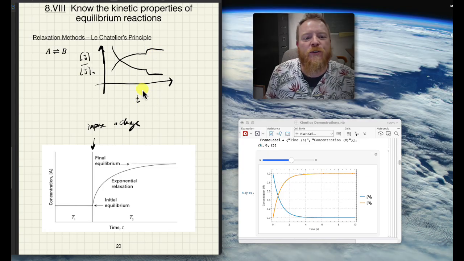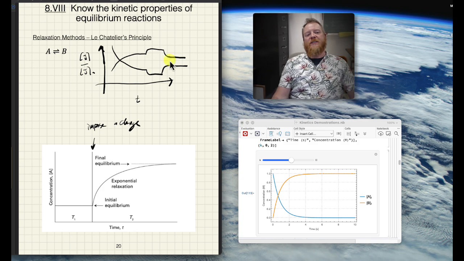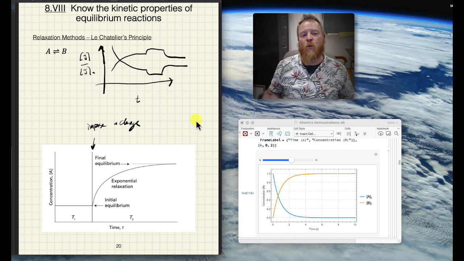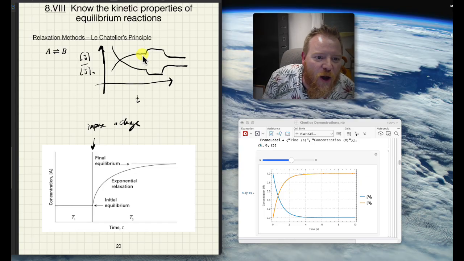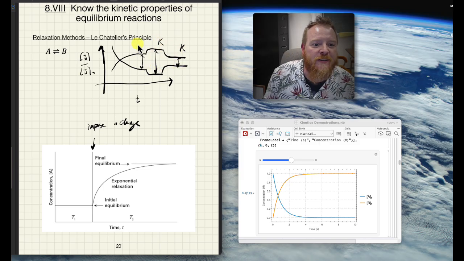Or suppose we enact a change that causes the concentration of A to increase. Well, then we know the concentration of B would have to decrease. So we would see a series of these, what we call relaxations or responses to equilibria. And it's important to note that that amount of A over B, as always, will represent our equilibrium constants.